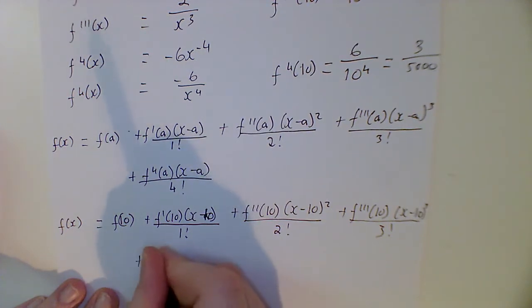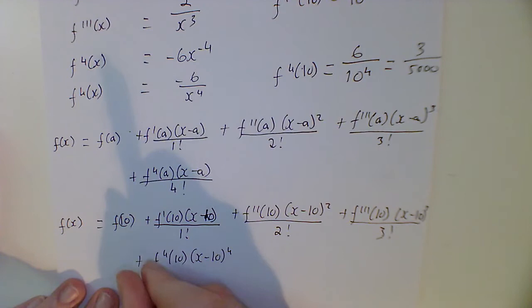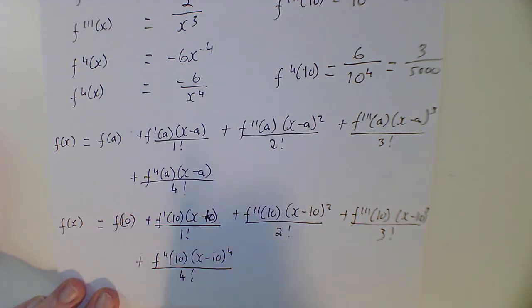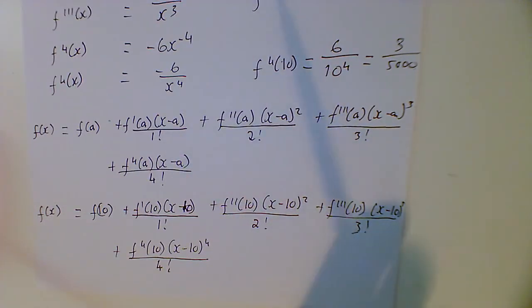Right, so that's me there. Got f of 10 plus f dashed of 10, x take away 10 over 1 factorial. So in fairness, if you were going straight into this question that wasn't the first example, you could just go straight to this bit here, substituting the 10 first. I'm just showing you where it comes from.